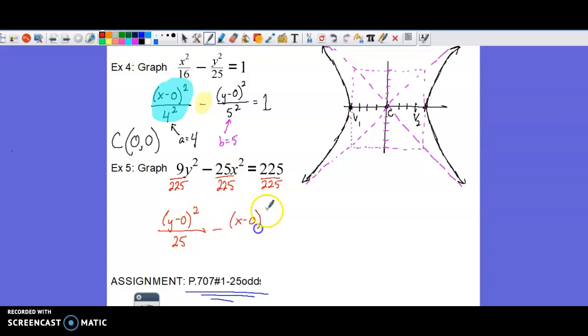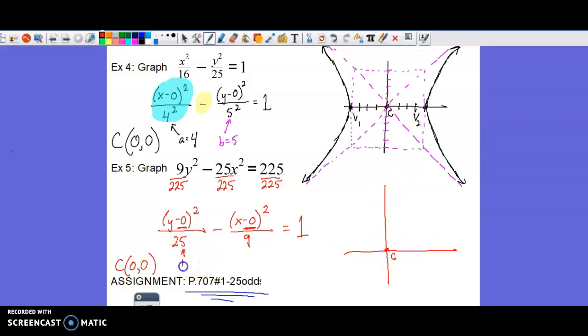X minus 0 over 9. 25 goes into 225 9 times equals 1. So as I'm looking at that, the center is still 0, 0. I was trying to emphasize that. So it's the same center as what we had over here. Make sure you label your center.